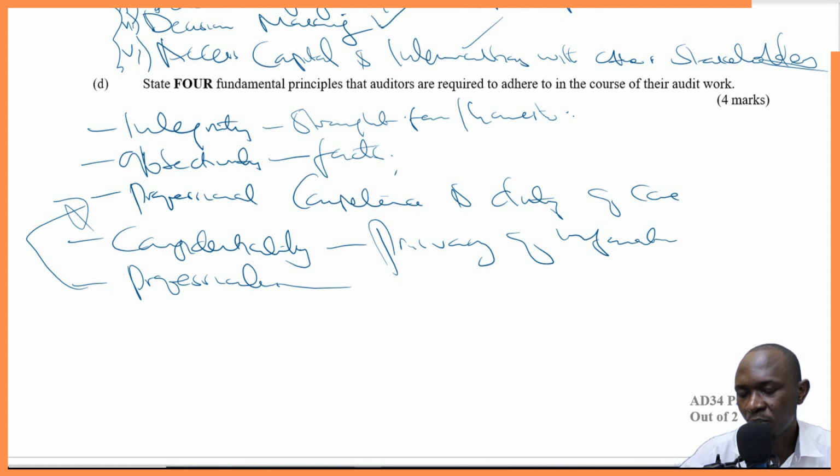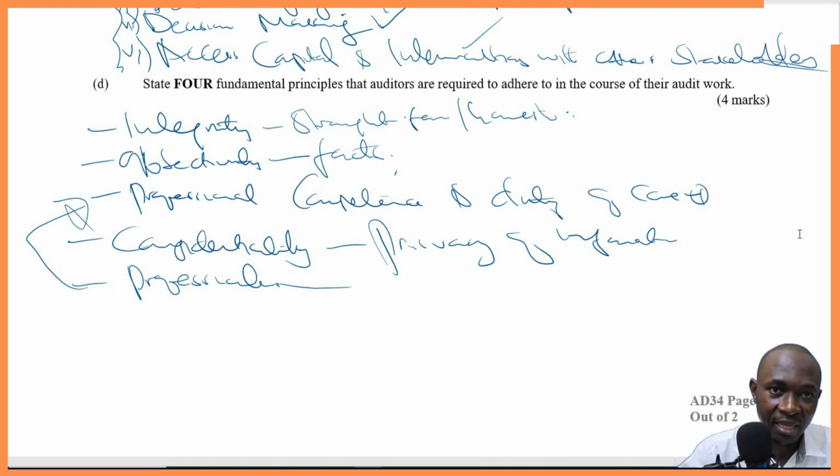Then professional competence and duty of care, knowing that your work will be used by other parties who are going to rely on it. So everything that you do should have the other parties in consideration, because they are going to rely on that information, and it should dictate the professionalism in the work. Professionalism requires that you meet the quality standards that are expected of you as a professional in that field.